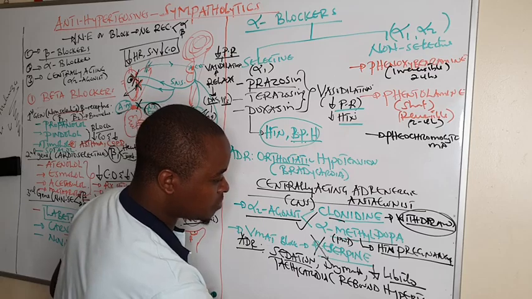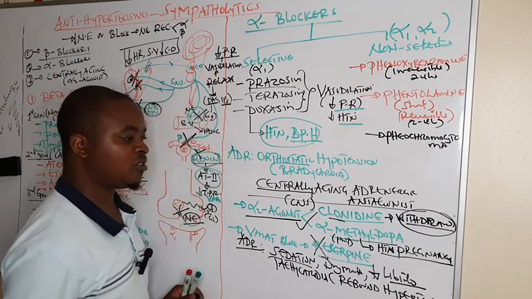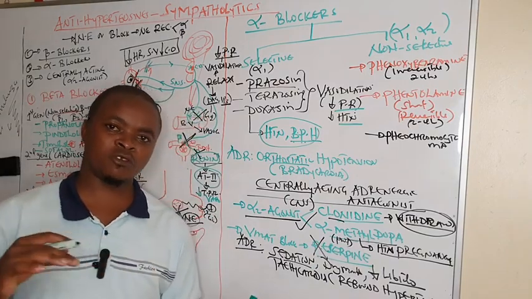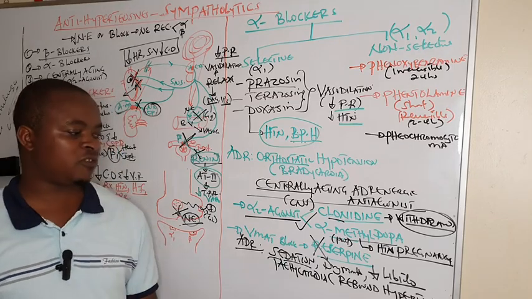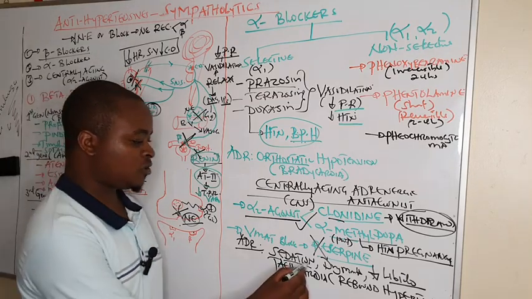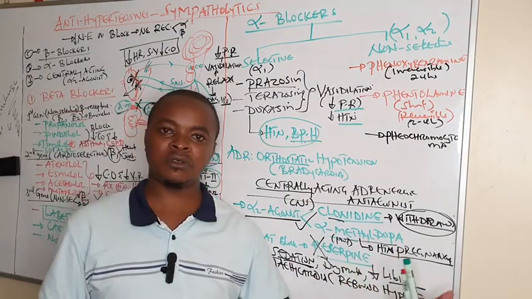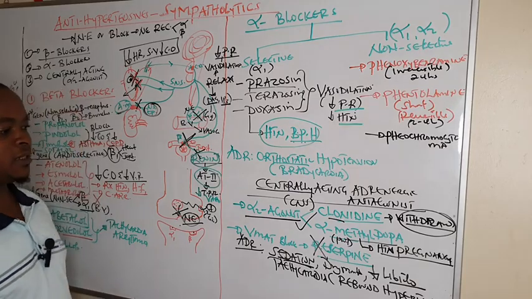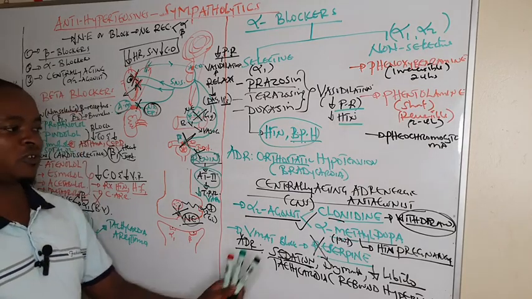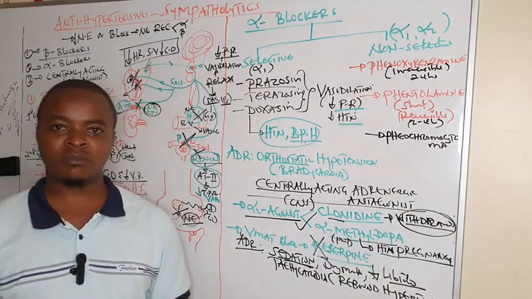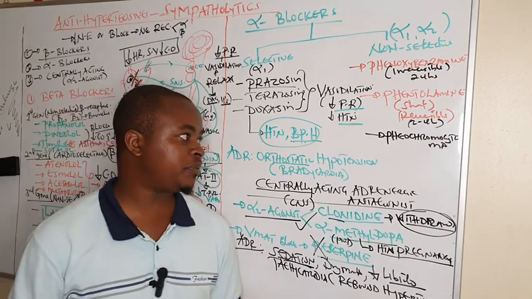So whenever patients are on treatment with clonidine and alpha-methyl dopa, it should be stopped gradually to prevent rebound hypertension. Also be aware of sedation, dry mouth, and decreased libido. That is their side effects. And don't forget clonidine for withdrawal syndromes, and methyl dopa for treatment of hypertension in pregnancy.